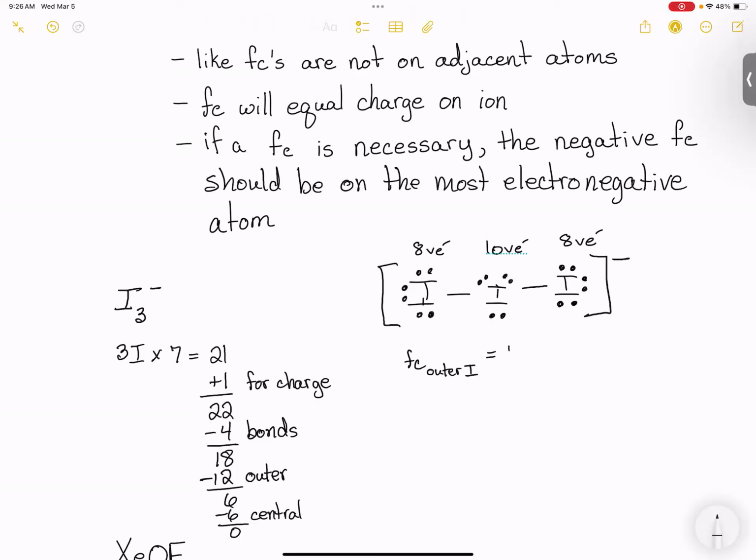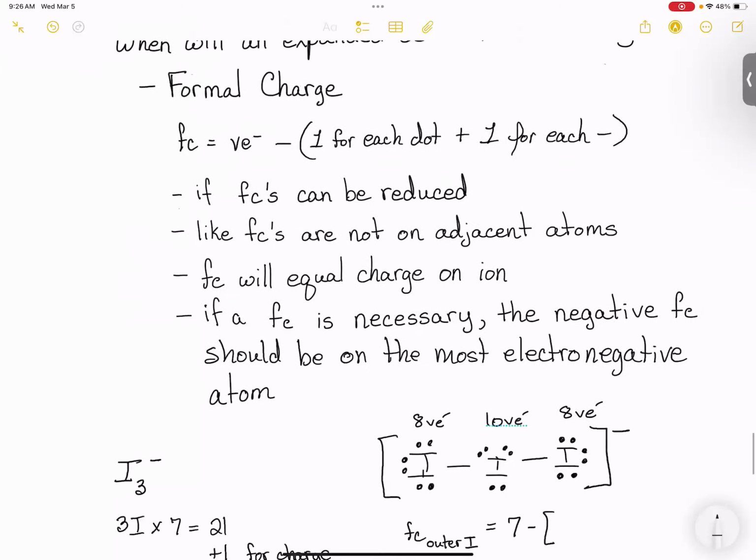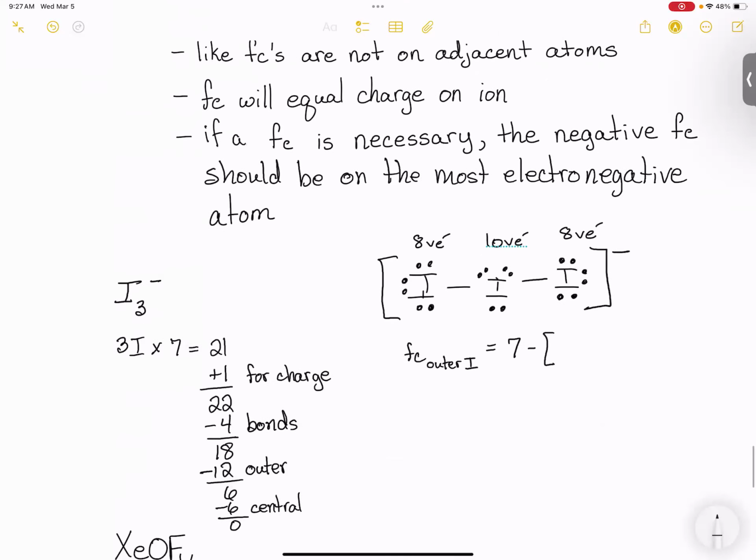An iodine has 7 valence electrons because it's in group 17. We will subtract out 1 for every dot on that iodine. There are 6 dots on the outer iodine, and 1 for every bond. There is 1 bond. So therefore, the formal charge on the outer iodines is 0.